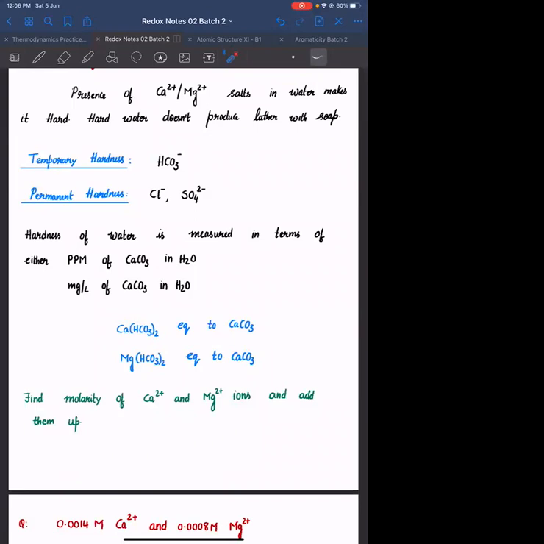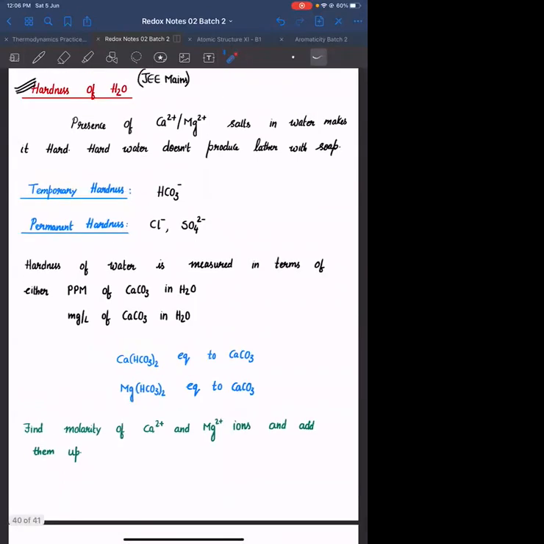Is this point clear? Then again, मैं क्या बोल रहा हूँ? The unit for measurement of hardness of water is ppm of CaCO3. That doesn't mean that CaCO3, calcium carbonate, is present inside water. What we have inside water, the hardness of water, is because of bicarbonates, chlorides, and sulfates.